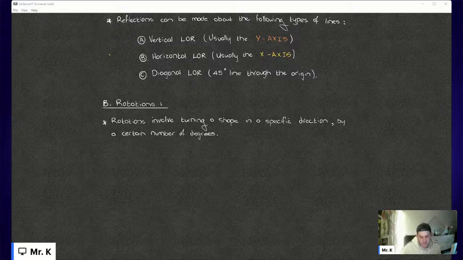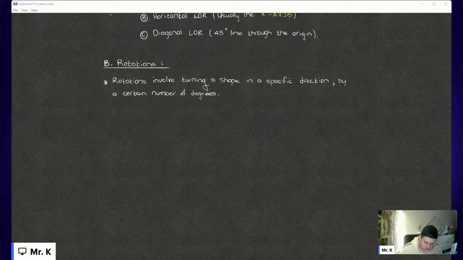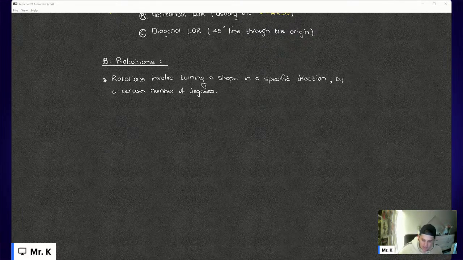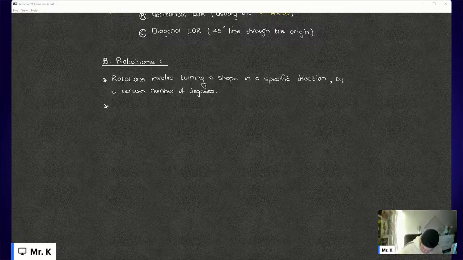So, rotations involve turning a shape in a specific direction by a certain number of degrees.